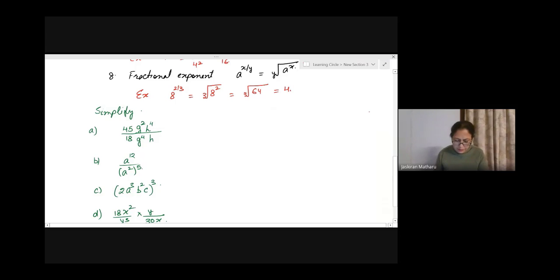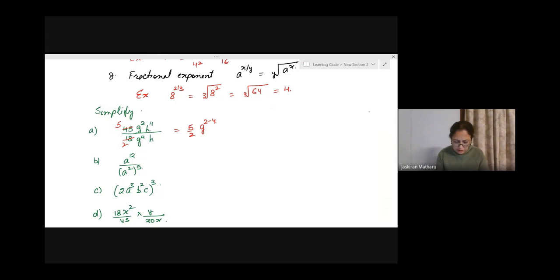So let us look at these problems. Using the rules of exponents, we have to simplify them. So first we just look at the numbers, and here we can see that we can divide both the numbers by 9. So 9 2s are 18, 9 5s are 45. So we can write it as 2 by 5, g raised to 2 minus 4, because this is g and this is g.